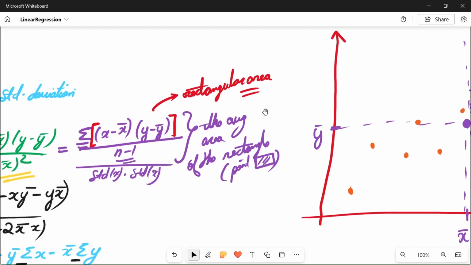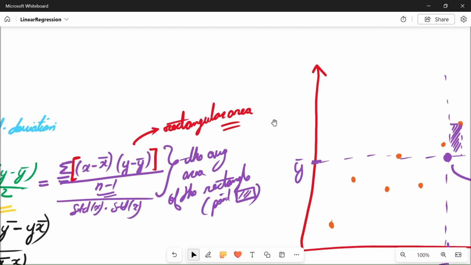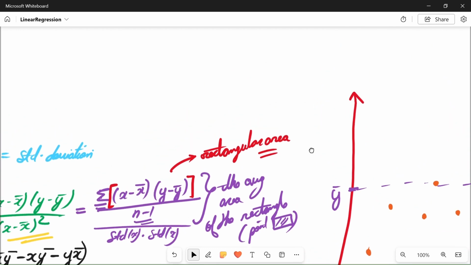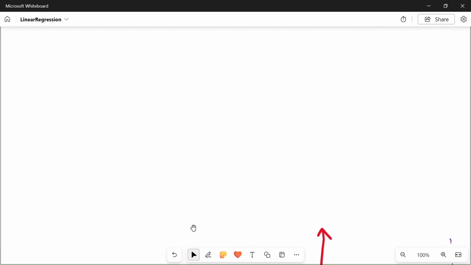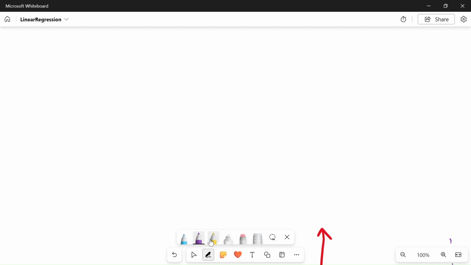Okay, now comes the second prerequisite to actually dive deeper into the discussion of this formula, and that is the discussion about averages.